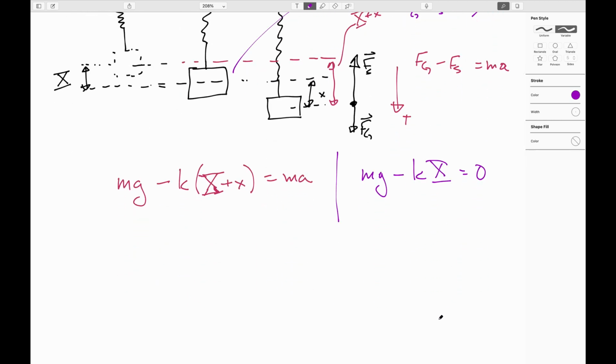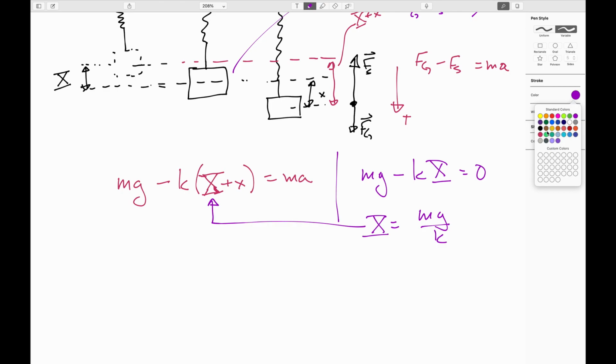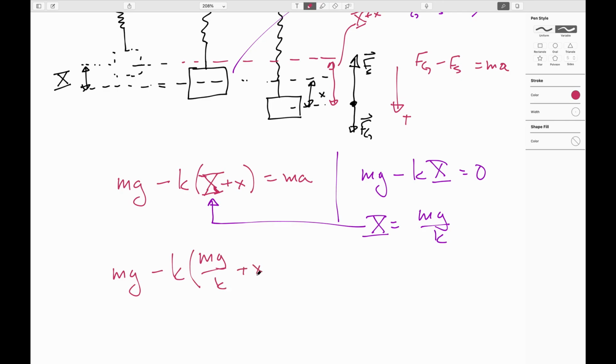So what have we got? What we can do is solve for this big X. So this would be equal to mg over k. And let's stick that in there, now that we've figured out how much it's stretched by. So now we'll have mg minus k times (mg over k plus little x) equals ma.